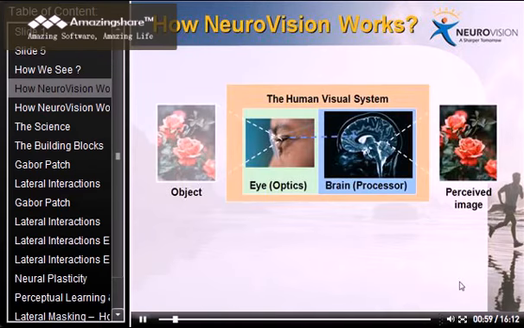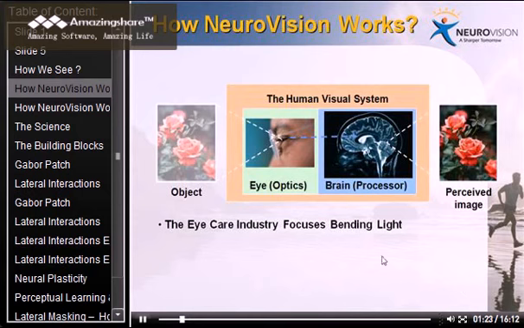So in our vision, the visual system works in a way that the object is perceived in the eye, which is the optics of the visual system, and continues to the brain, which is kind of a processor that understands the information and creates a perceived image.